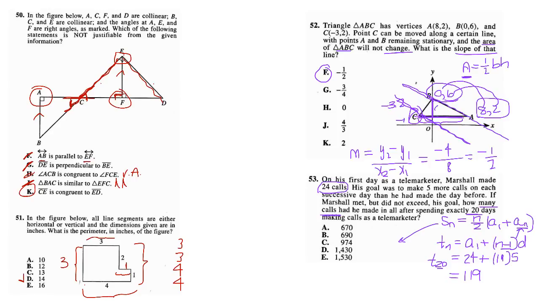Well, the sum is going to be our total number, which was 20, over 2, times the sum of the first term, which was 24, plus our very last, which was 119. And if we do all of that, it looks like we're going to end up with 1,430. So that's going to be answer choice D.